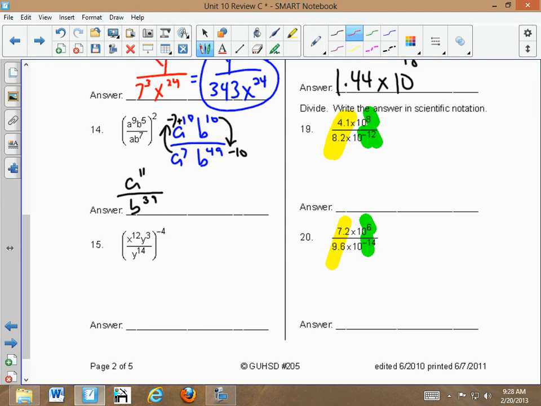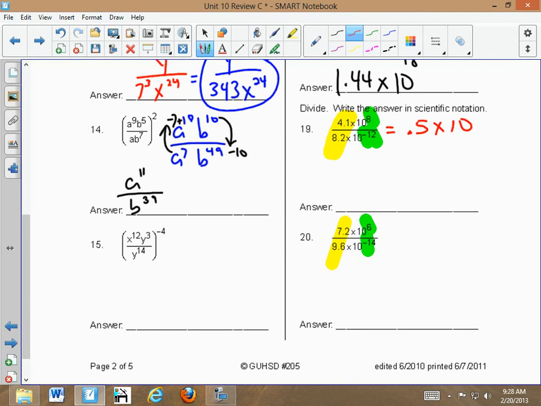So, let's just go with 4.1 divided by 8.2, and I get 0.5. Is the decimal in the correct spot? No, it must be to the right of the first non-zero number, not the left.